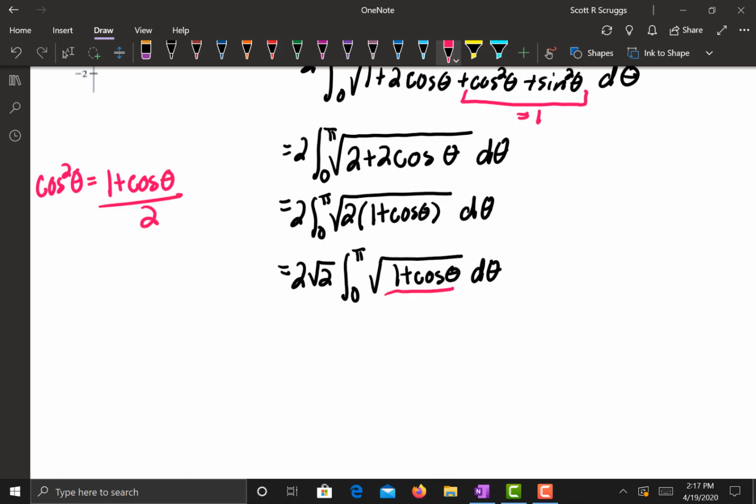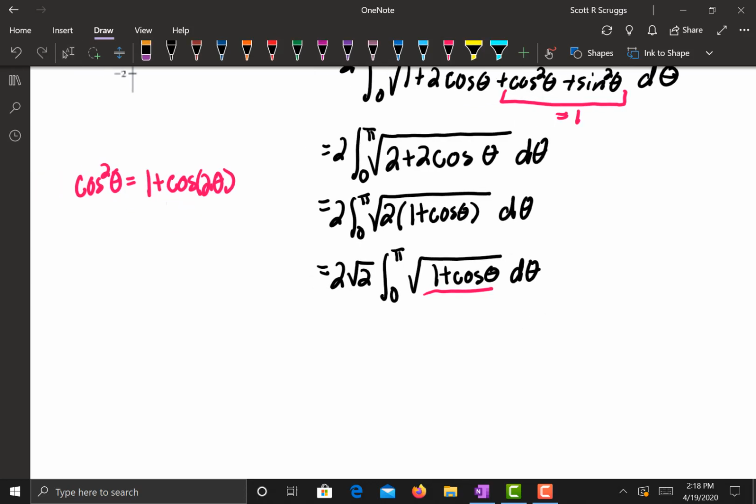Because so far I have 1 plus cosine of theta, that should be 2 theta. There we go. And I can use that to help me, because if I multiplied both sides by 2, then that means I canceled out the 2 on the right hand side of my half angle formula, meaning I just have 2 times cosine squared of theta equals 1 plus cosine of 2 theta. But that's not what I have inside my integral.